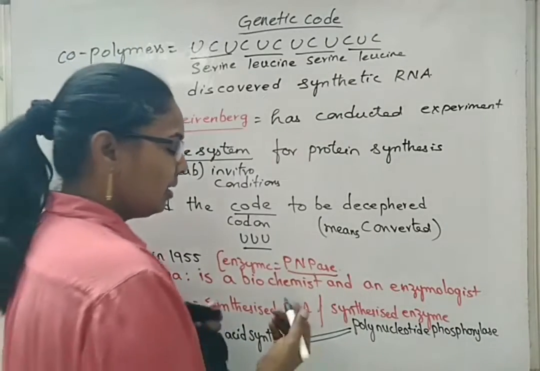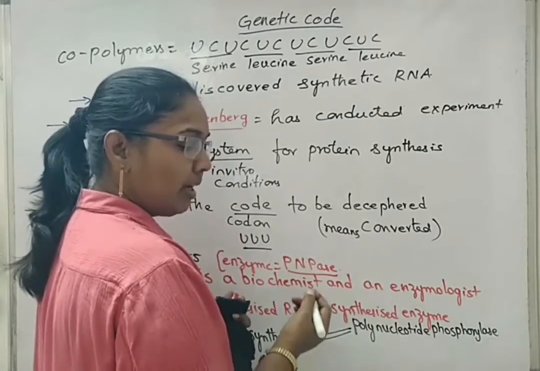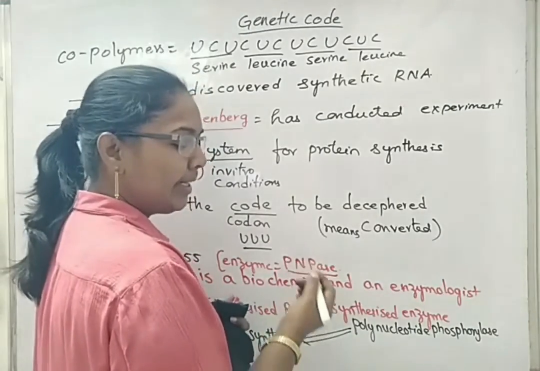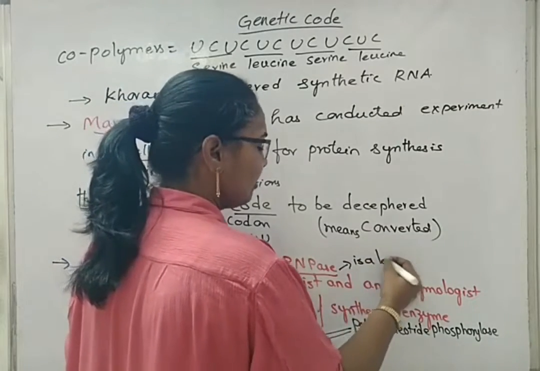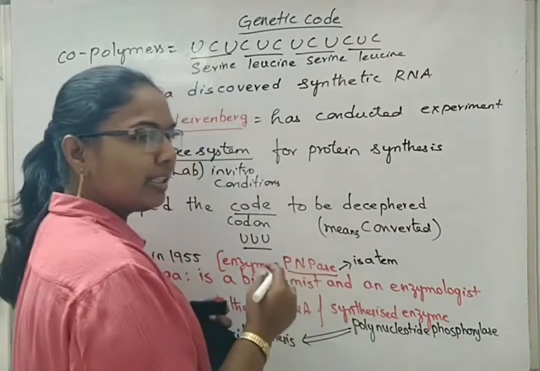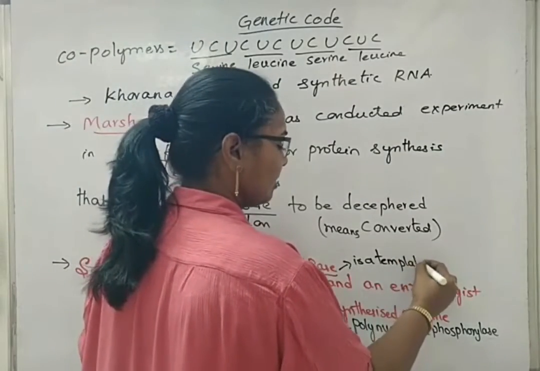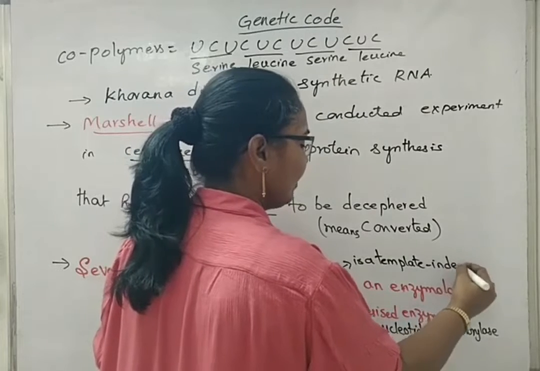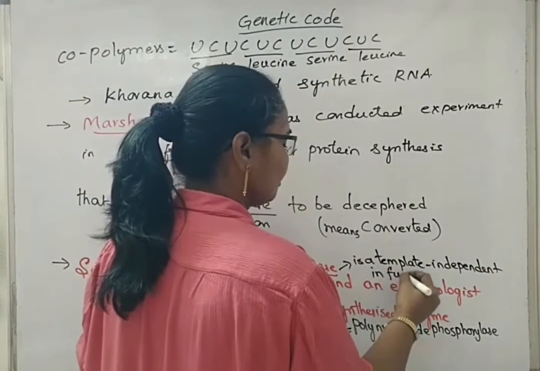Now, this enzyme is also called as Severo Ochoa enzyme, and it is a template independent enzyme. Means here for its function it does not need any template, independent in function.